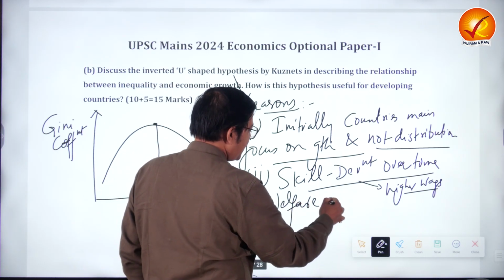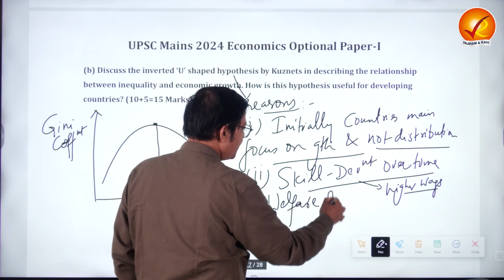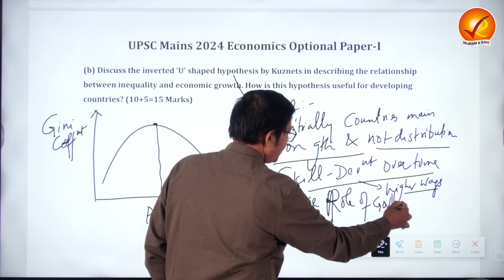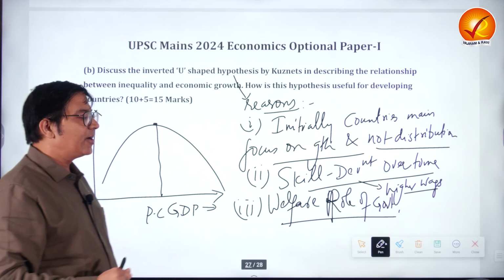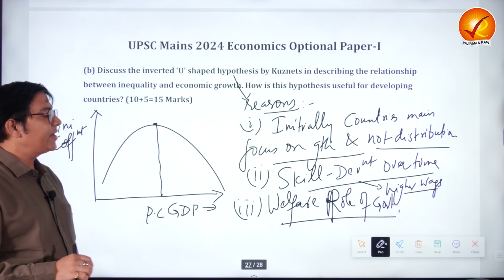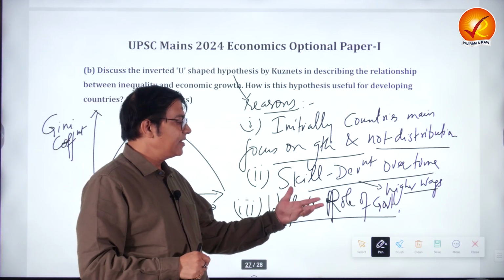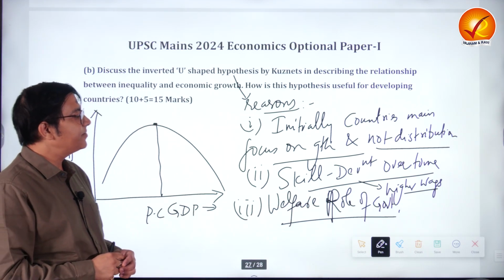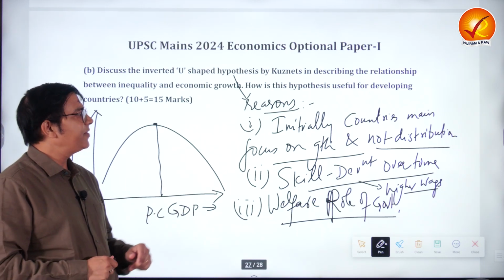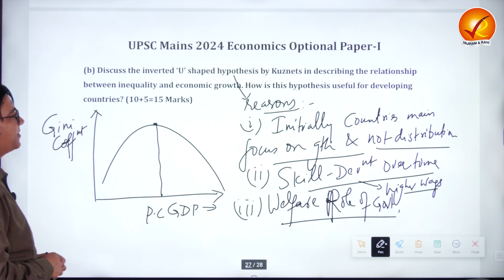Gradually, government acquires more and more welfare role, like by giving more subsidies or by giving more jobs directly. Like in India, we have MGNREGA kind of a scheme where government is providing jobs. So these things also tend to reduce the inequality. Feel free to give more arguments if that comes in.